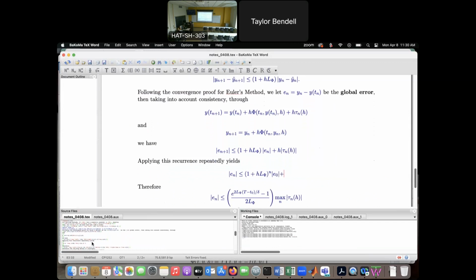Plus a sum, N minus 1 plus HL phi to the I times this term right here, coming from the local truncation error.